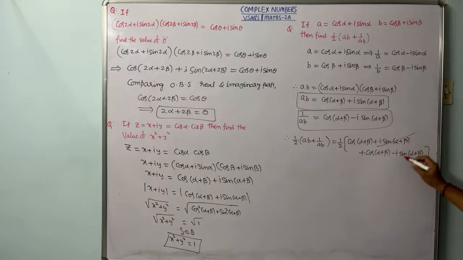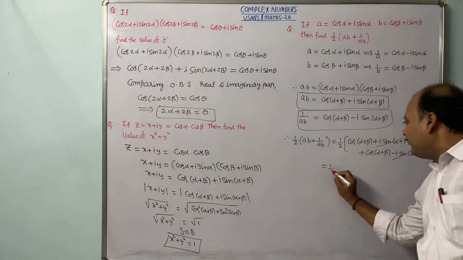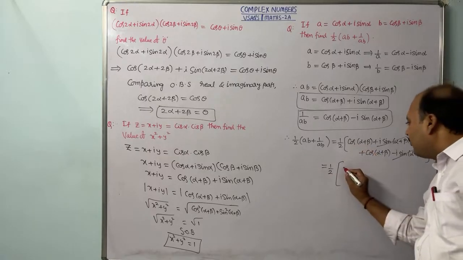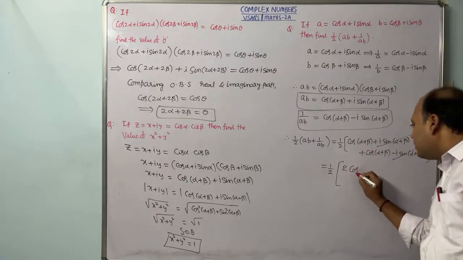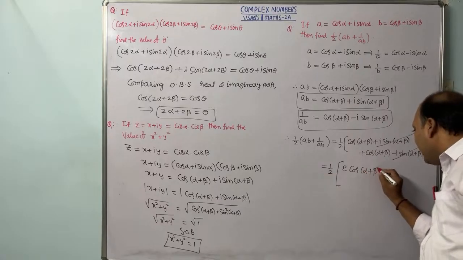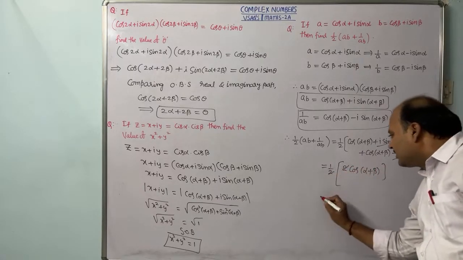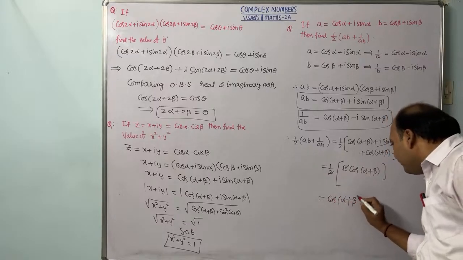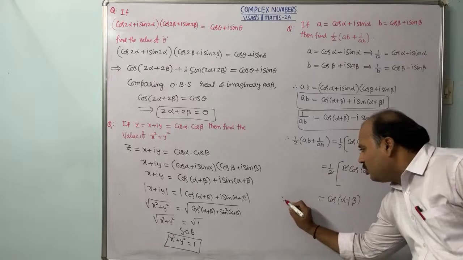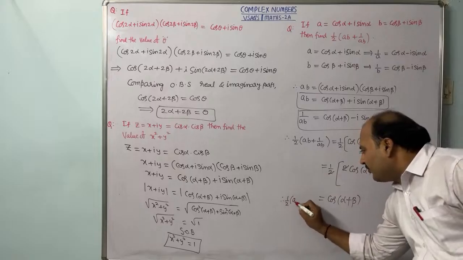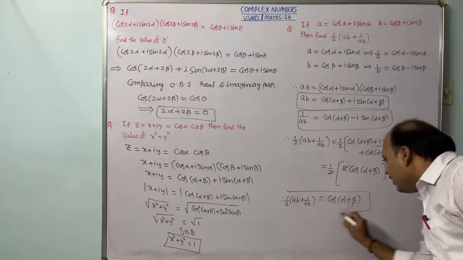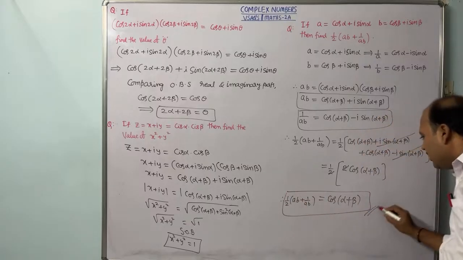So minus i sin (α + β) and plus i sin of (α + β) cancel. 1 by 2 into cos of (α + β) plus cos of (α + β), 2 times cos of (α + β), and here 2 gets cancelled, which is equal to cos of (α + β). Therefore, the value of half into (ab + 1 by ab) is equal to cos of (α + β).